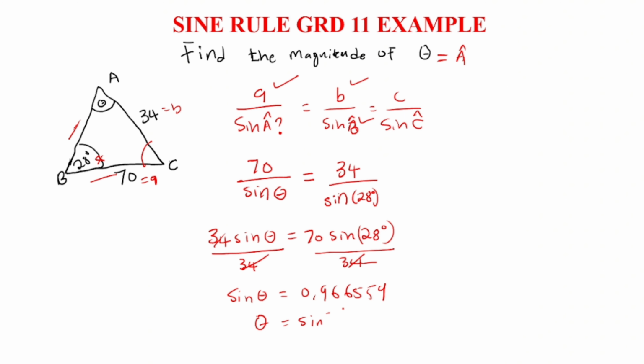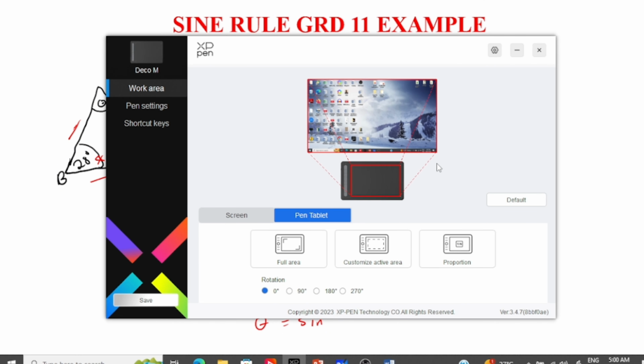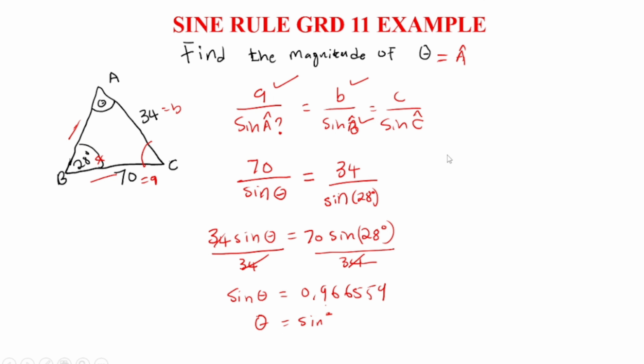I've seen a lot of learners get confused here: when do you say second function, and when do you not? You would say second function, sine, and then you put your number there, because now you're looking for the angle theta.